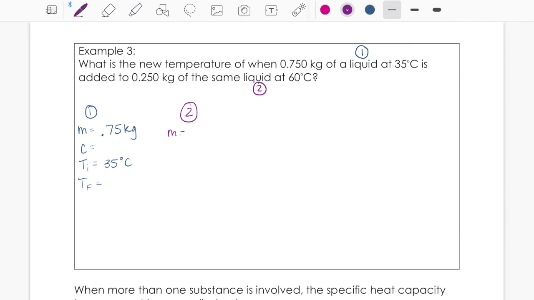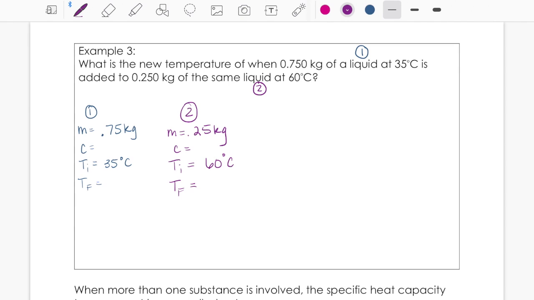For substance number 2, the mass given was 0.25 kilograms. We don't know the specific heat. They did give us the initial temperature of 60 degrees Celsius, and we don't know the final temperature.